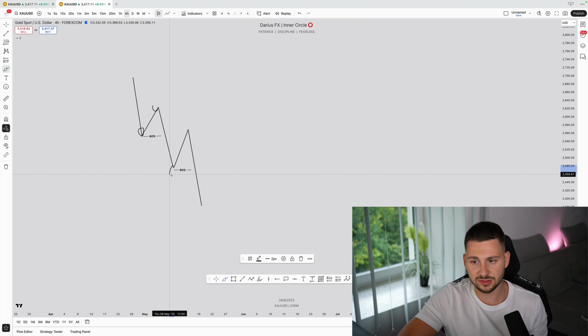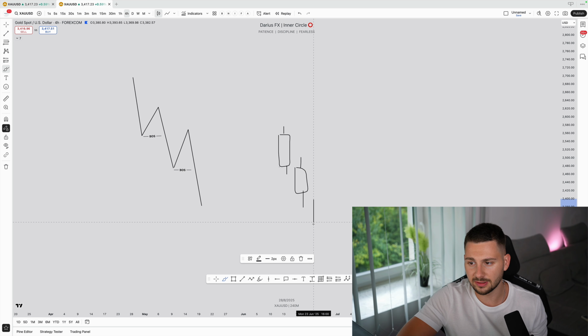And a true break in structure is only if we break through this again with a full body below. So if I show you an example, let's say this is the bearish move down, right? Here one candle, let's make another candle, and even another one. All right, then we have the low.